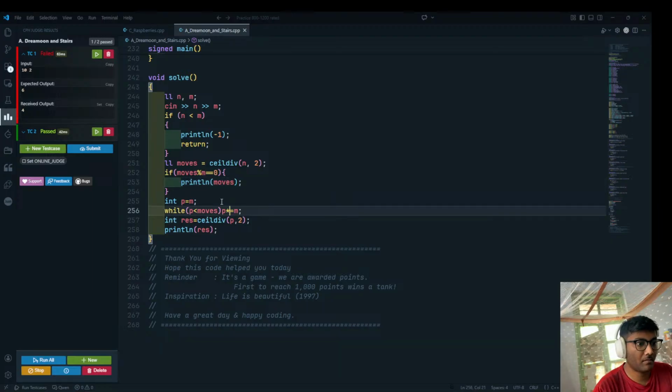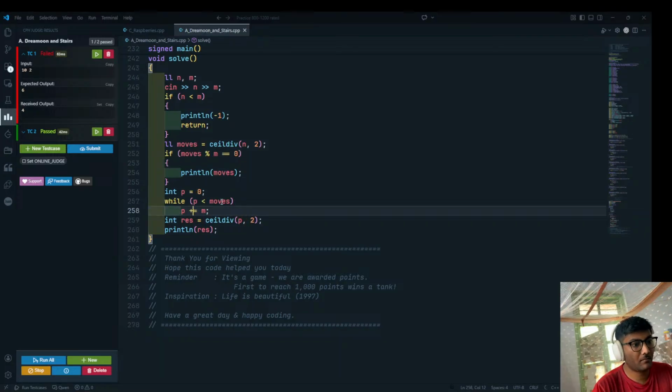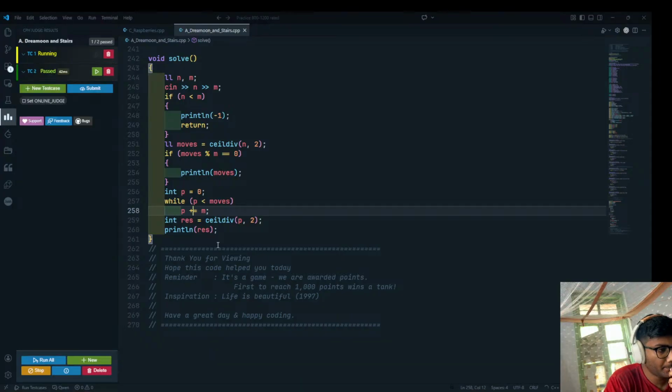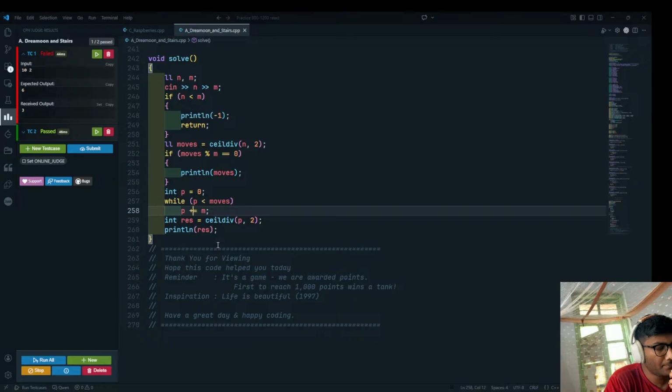Properties. 0 plus, what's it? 3. M is 2. P is 0. P is less than moves. What is moves?